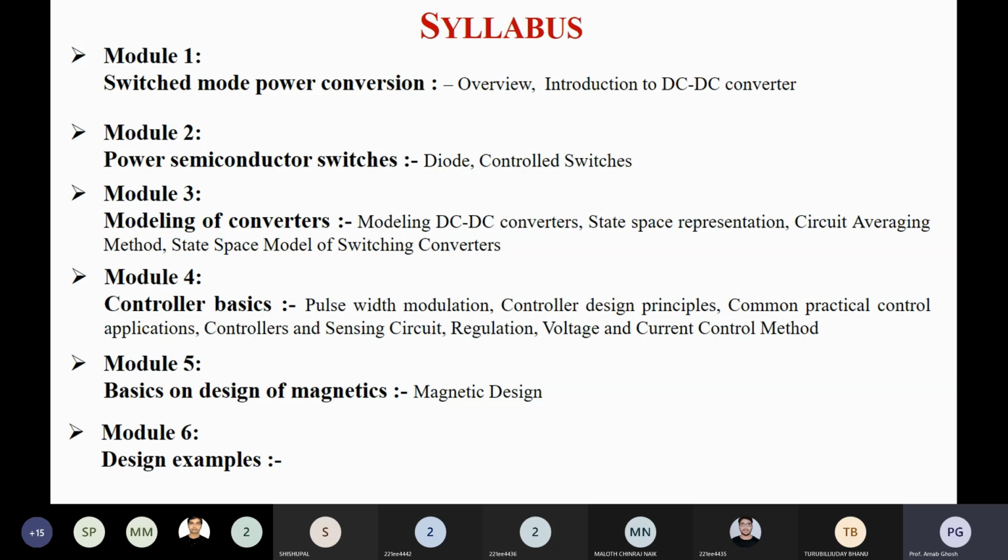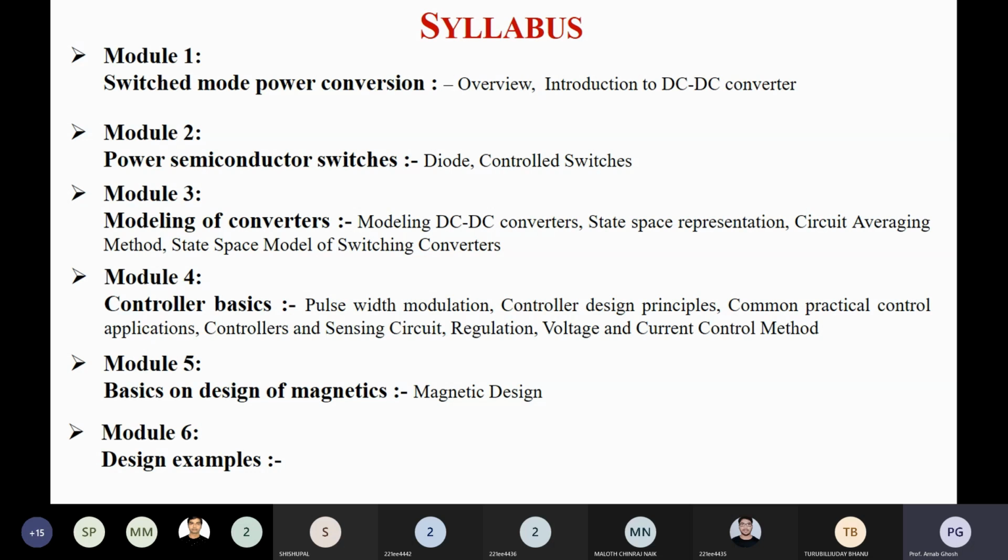Gradually, first we start with the introductory portions of the SMPC. After that, we will discuss examples of semiconductor devices or switches and their basic idea. Then the 2 main segments will start: modeling of your converters and the control basics, meaning controller design.